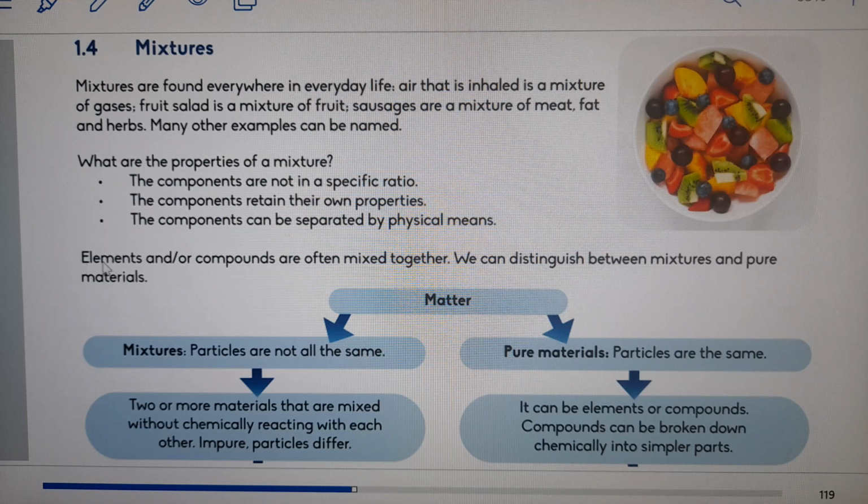Okay, so here they say elements and compounds are often mixed together. We can distinguish between mixtures and pure materials. Let's read this line again. Elements and or compounds are often mixed together. We can distinguish between mixtures and pure materials. So let's look at matter, and we have mixtures and we have pure materials.